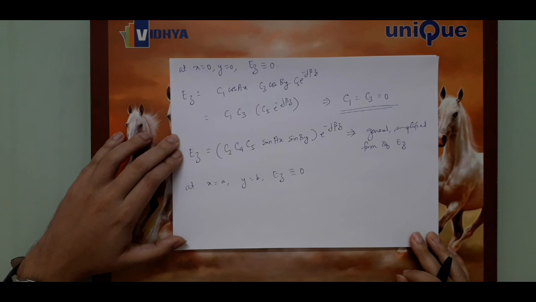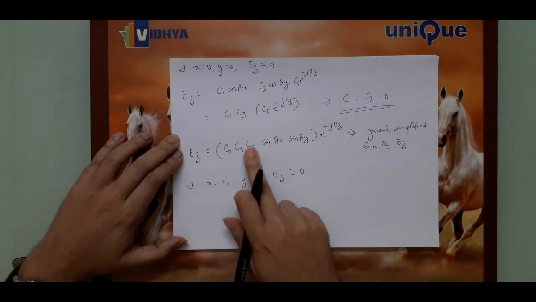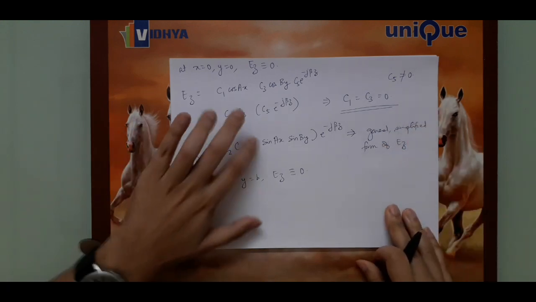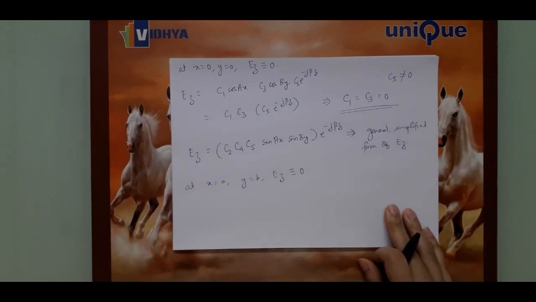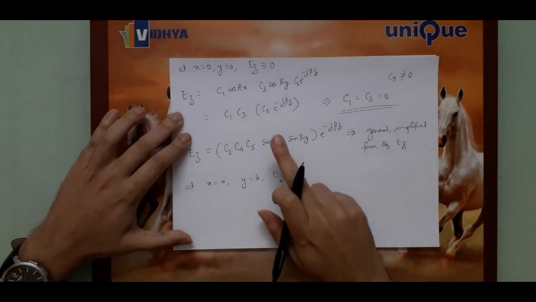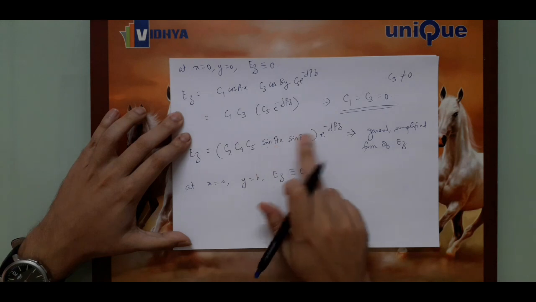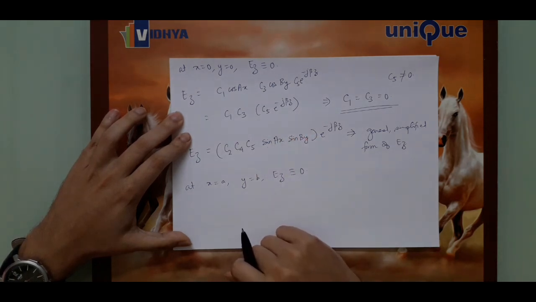So now what to do? We already have proved that C5 cannot be 0, otherwise the wave will die down. C5 cannot be 0. Now if C2 and C4 become 0, again we are not helping the problem. If C2 and C4 become 0, again the entire Ez field will die down irrespective of the boundary conditions. So now depending on whether we are looking at the x boundary or the y boundary, we can make either of the sine terms go to 0.